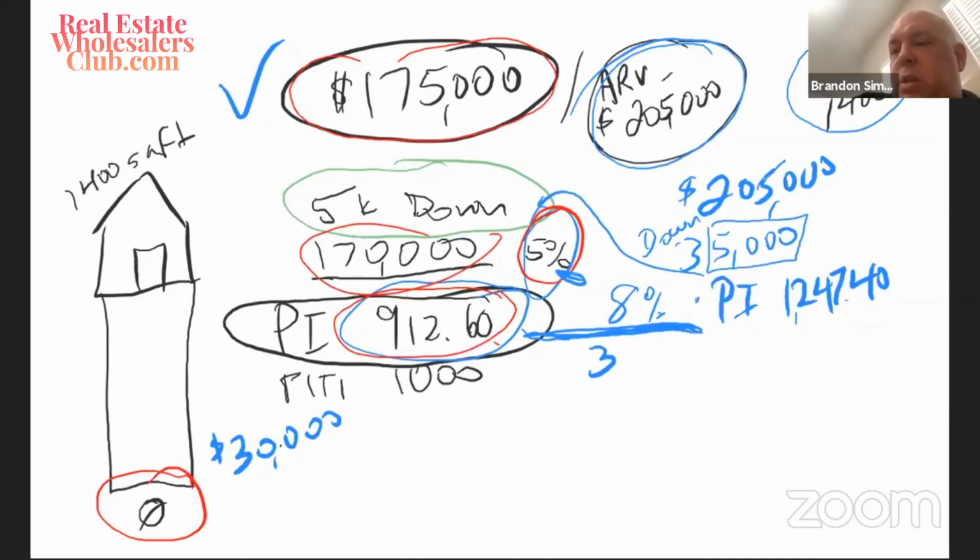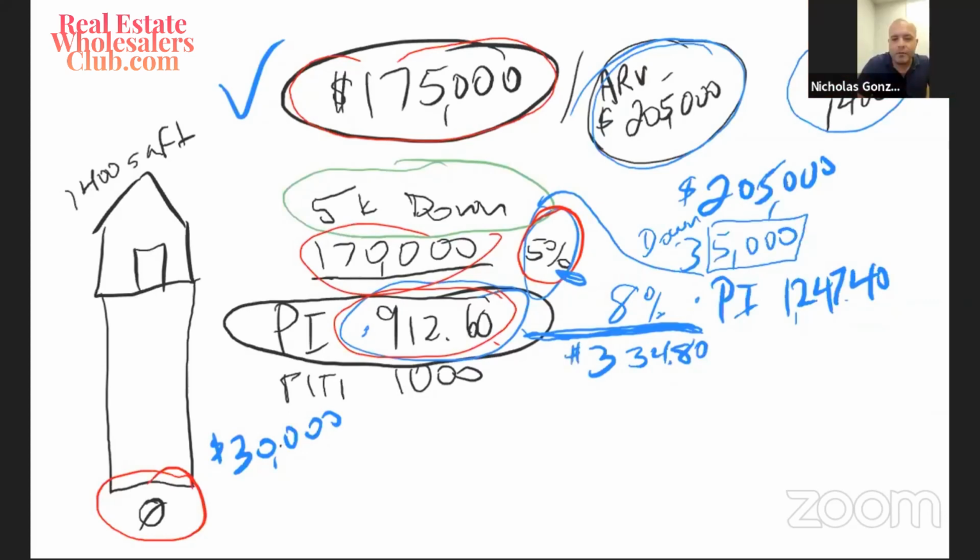So take this one and then minus this one. 334.80. Okay. Yes. Now, by the way, let's say I get this for how many years? You said we're having a 5-year balloon, so that's times 60 months. So how much is that?